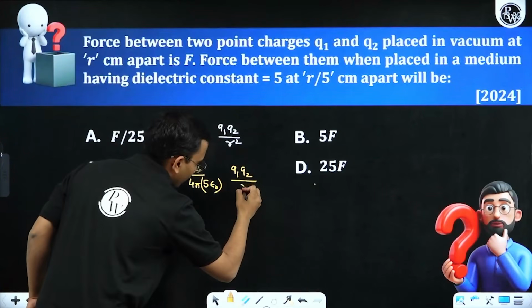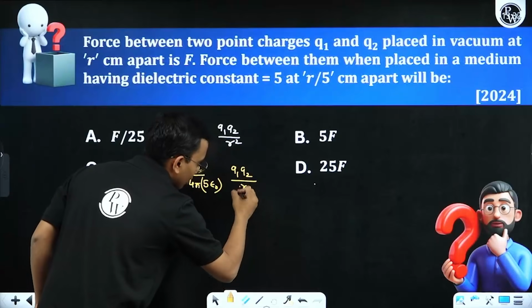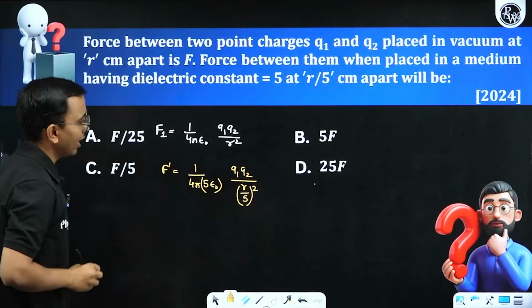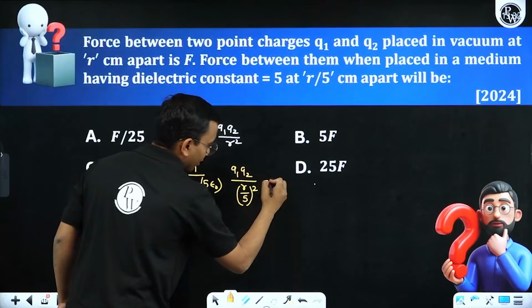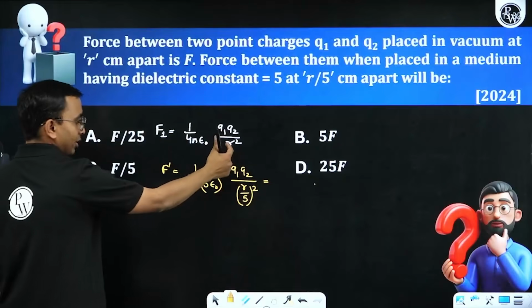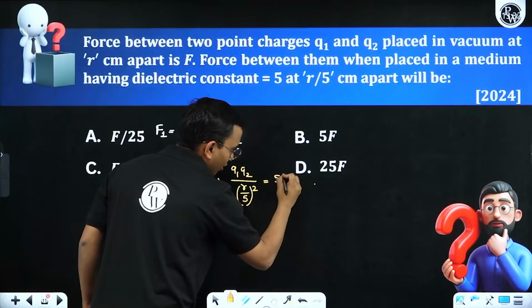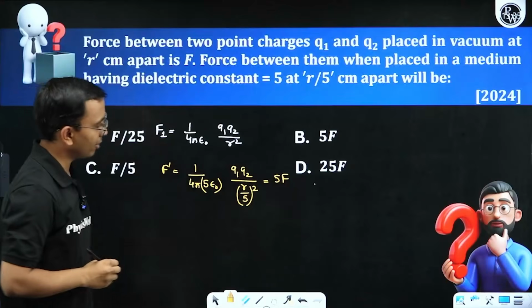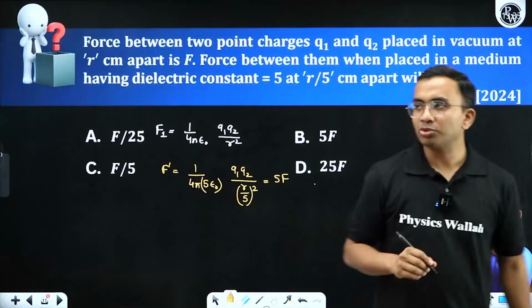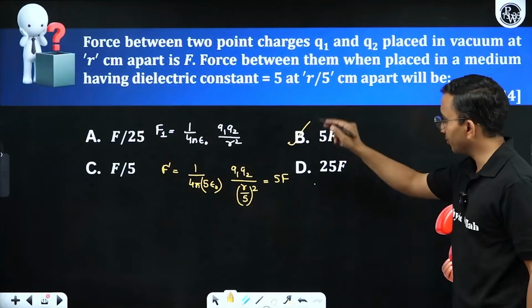Distance is becoming 1 by 5 square. And if you see here, this is 1 by 5 square, 25 in the numerator, by 5 it will become 5. So it is 5 times of F. It is coming as 5 times of F, which is option B.